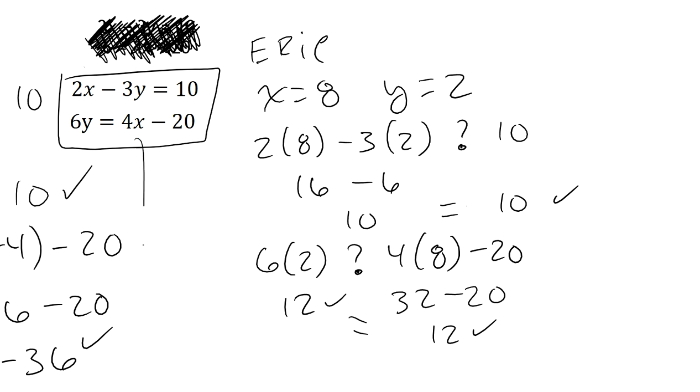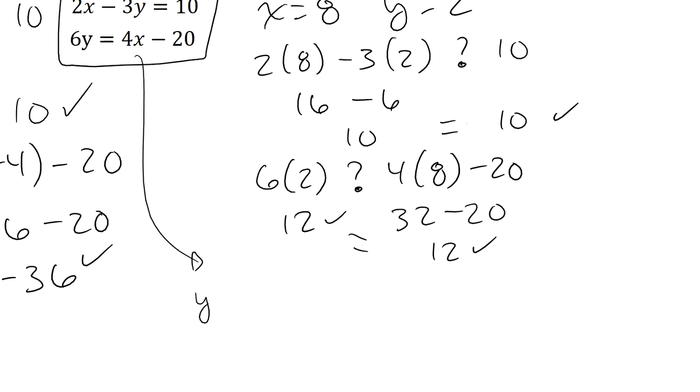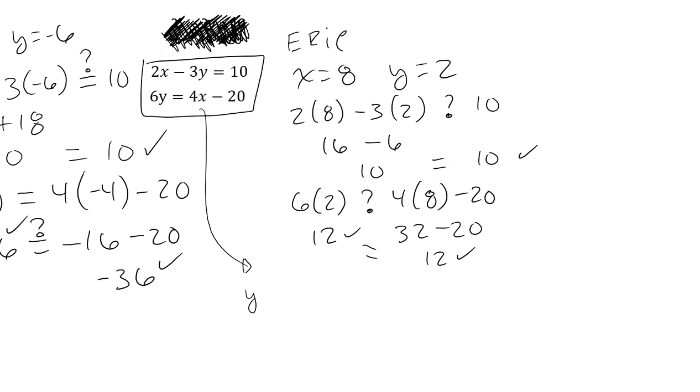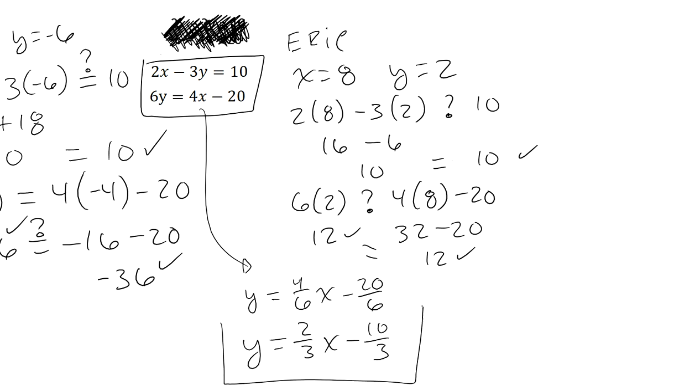If I take this second equation and get y alone, y would equal, dividing both sides by 6, 4/6 x minus 20 over 6, and that could be simplified, right? y is 2/3 x minus 10/3. So that's the second equation rewritten in y equals form.